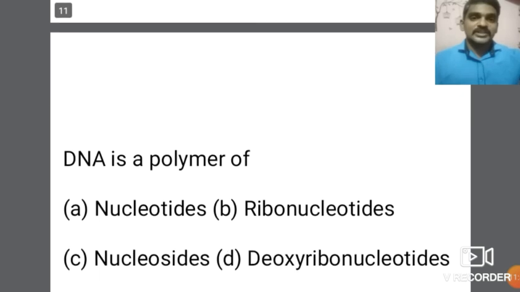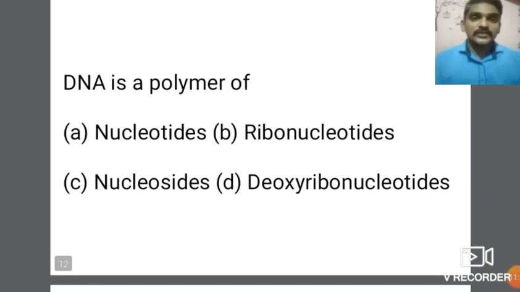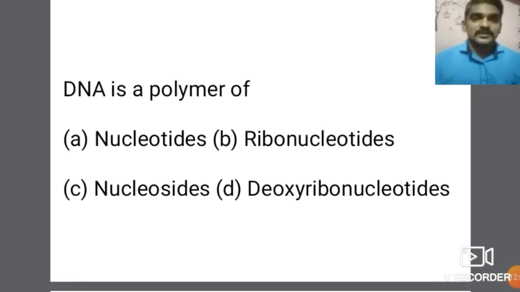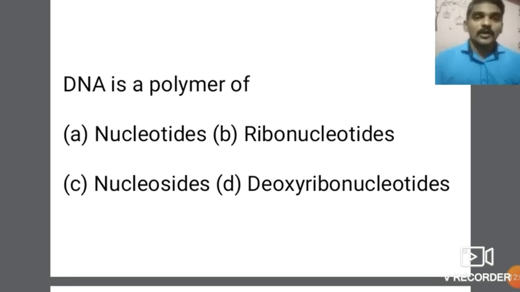So the next question, DNA is the polymer of. Usually, after seeing the first option, you will suddenly write nucleotides. But you should not write like that, because we have two types of nucleic acids, one is DNA, another one is RNA.